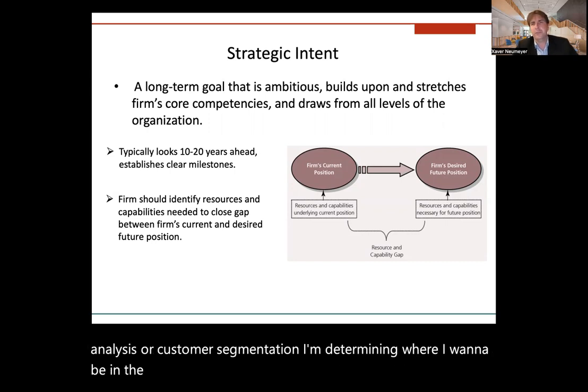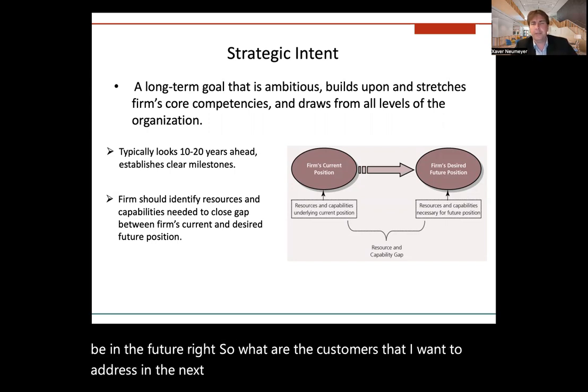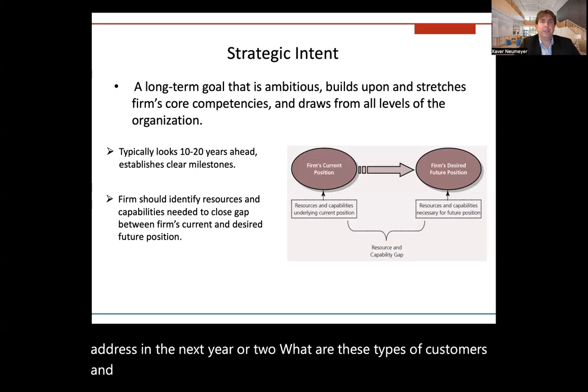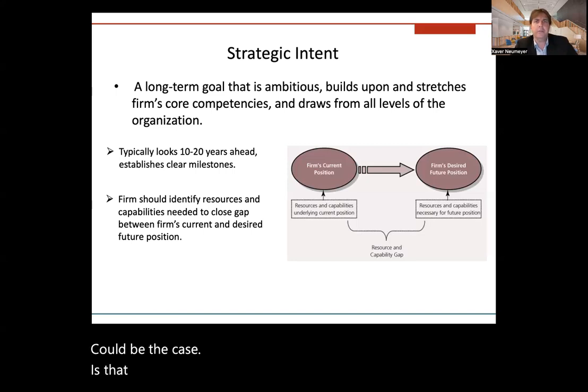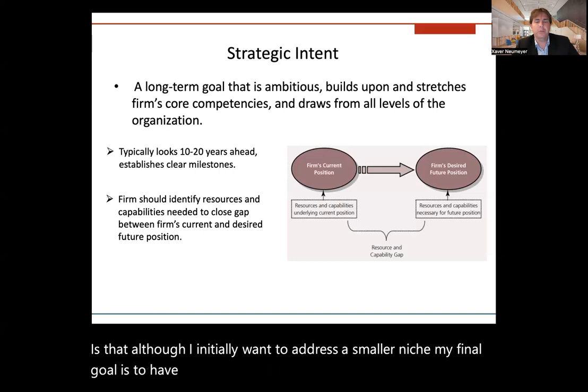So what are the customers that I want to address in the next year or two? What are these types of customers? And what do I want to do in 5 to 10 years? What could be the case is that although I initially want to address a smaller niche, my final goal is to have a universal segment, so to speak.